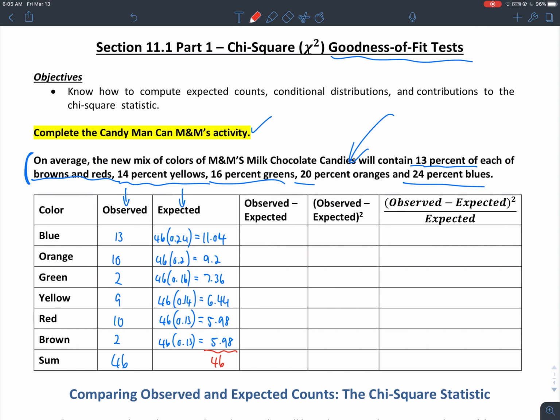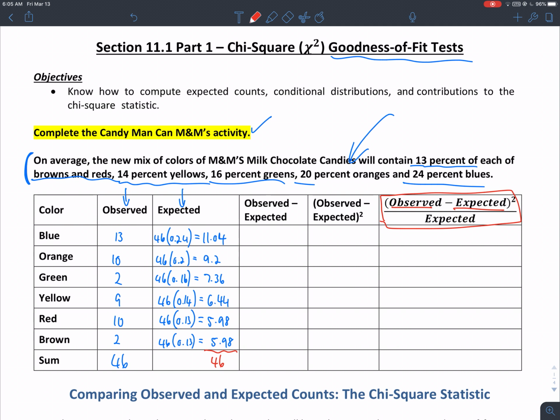And then how the chi-square statistic works. Here's the formula for chi-squared, and we would have figured it out together in class if we had done the M&M activity. We're trying to calculate that statistic. So what we do is take observed and subtract expected from it.